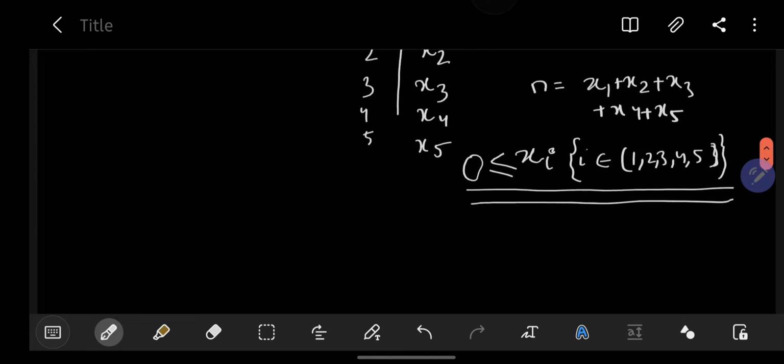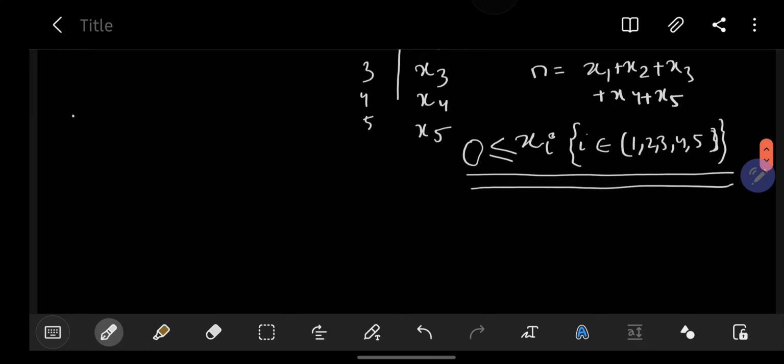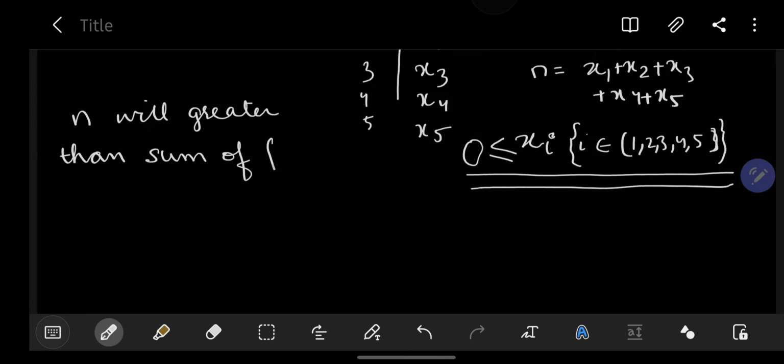So this implies that n will always be greater than or equal to the sum of frequencies, for example x1 plus x2 plus x3.